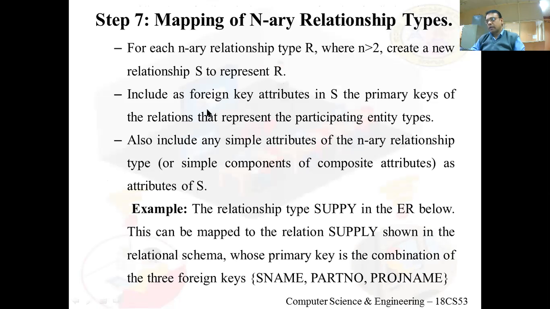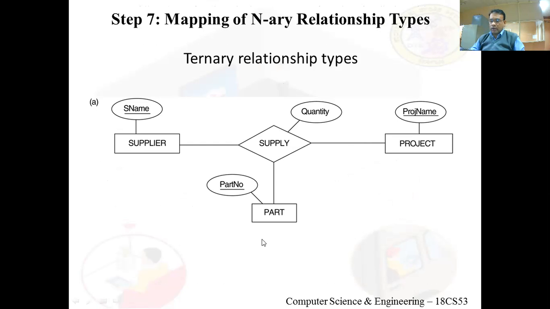For SUPPLY, include as foreign key attributes in S the primary keys of the relations that represent the participating entities. Now I'll create a relation called SUPPLY. For SUPPLY, I will add supplier name, part number, project name, and also any of the other simple attributes of SUPPLY in the relation.